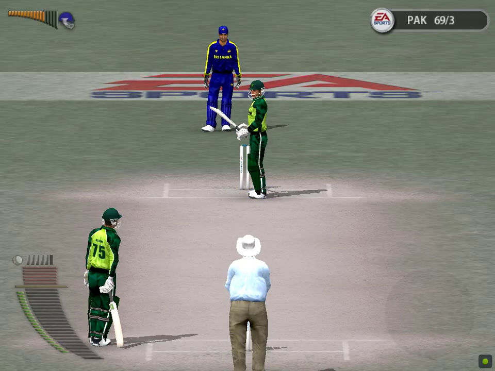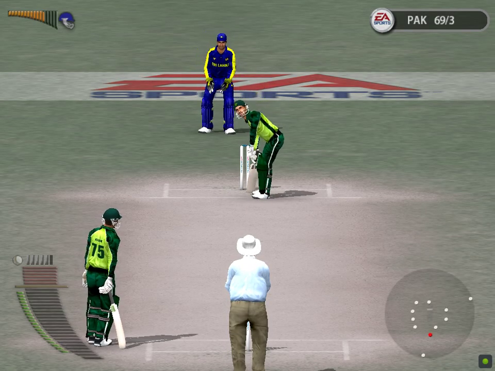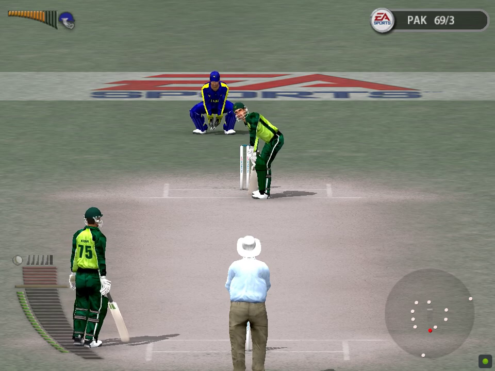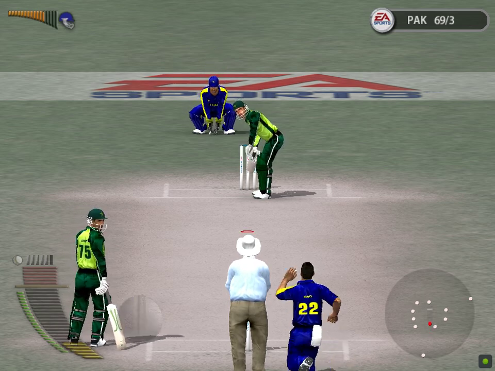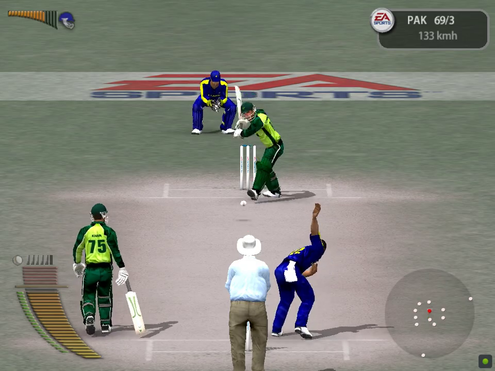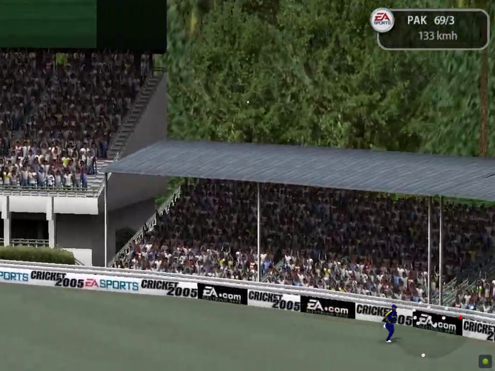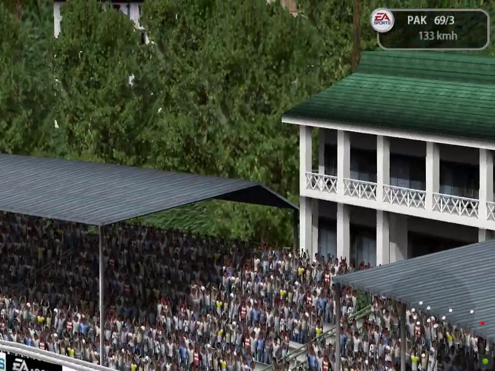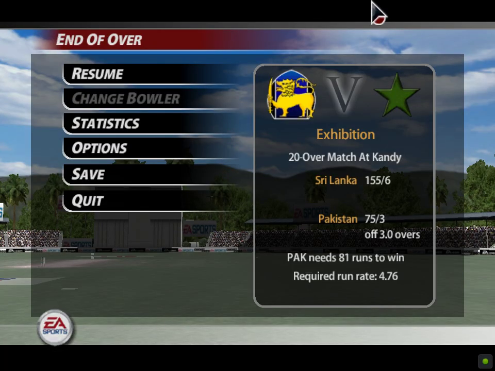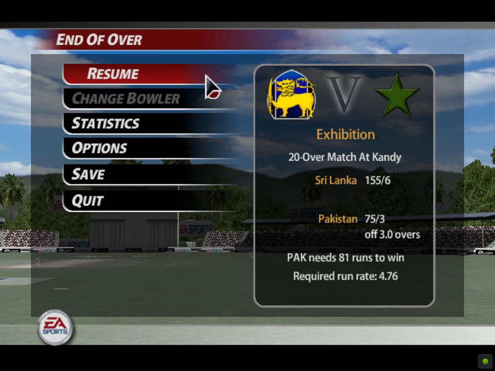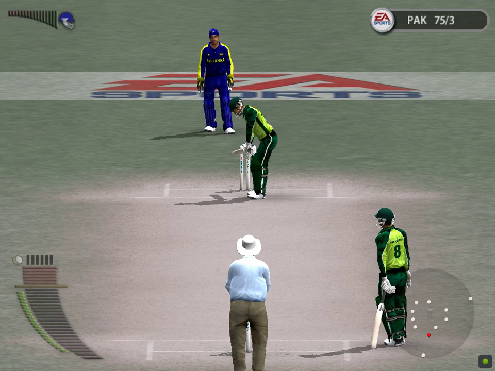The batsman change. Inzamam ul Haq waiting at the striker's end. He runs here. 6. That takes Inzamam ul Haq. Let's see the action replay of that. Malinga, the ball to Yunus Khan.